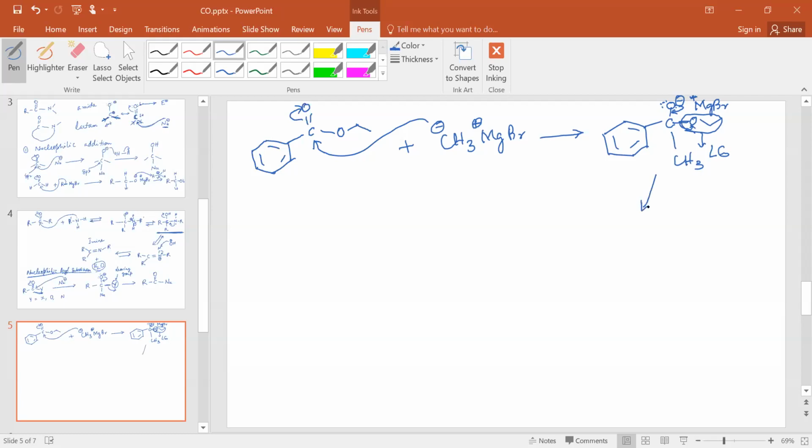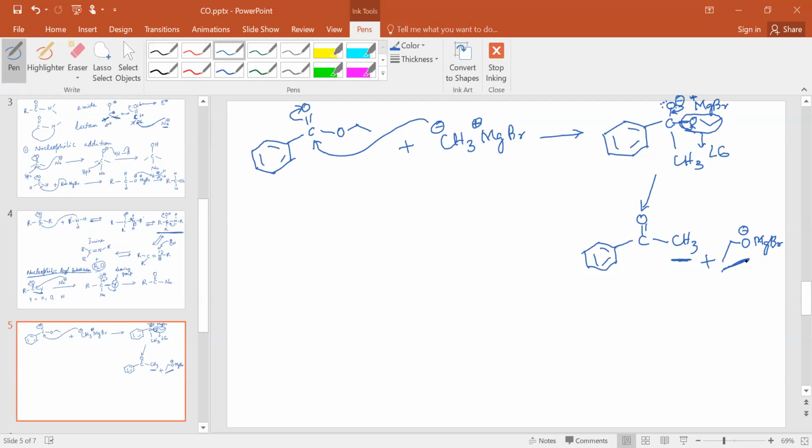So the product has the phenyl, the carbon attached to CH3, and the ethoxide O minus leaves, with magnesium bromide going with it. See, the methyl substituted the ethoxy part. That's why it's called nucleophilic acyl substitution. It's one of the very common reactions you will see.